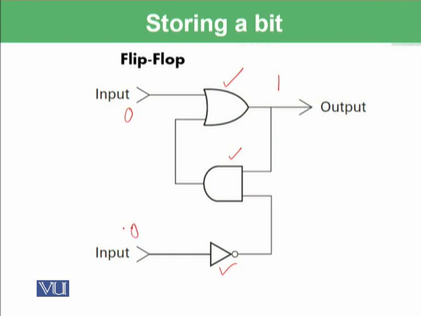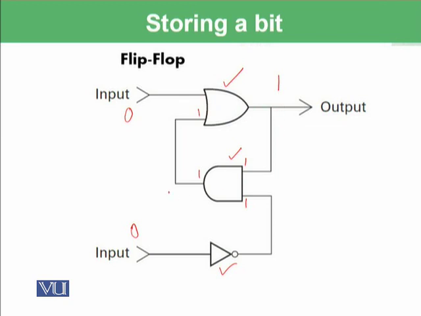So let's put them 0, 0, and let's see what happens. Here we have 1. 1 is coming here. 0 is becoming 1 here, and this 1 into 1 becomes 1, and we have 1 here, and 0, 1 is going into the OR gate, which is producing the same output as 1.